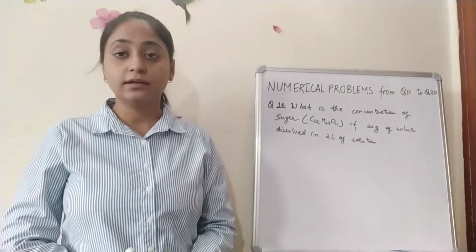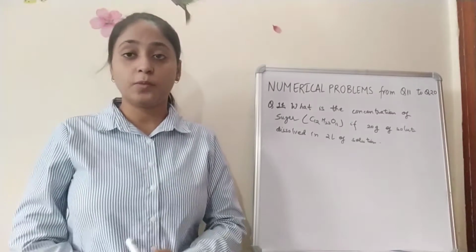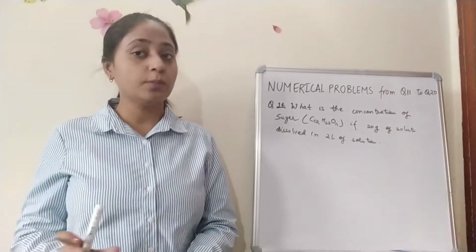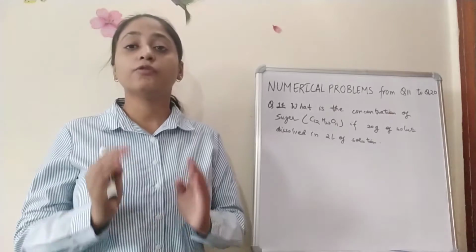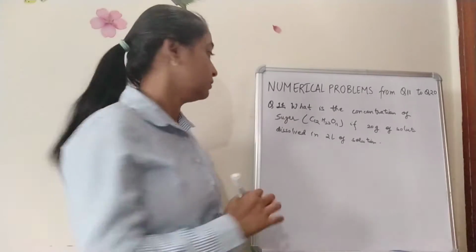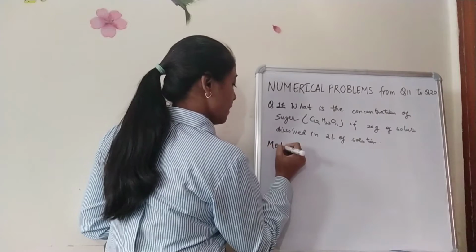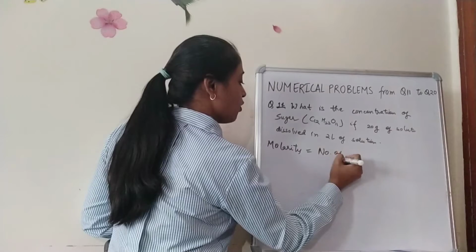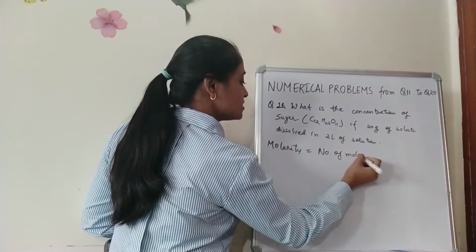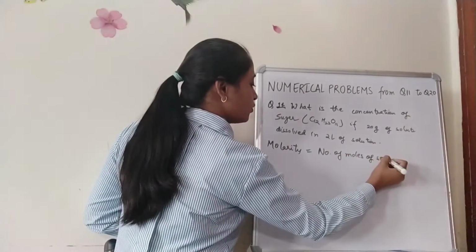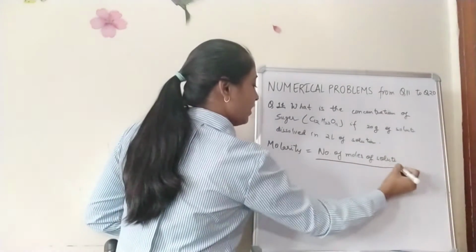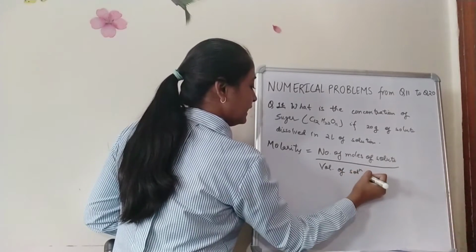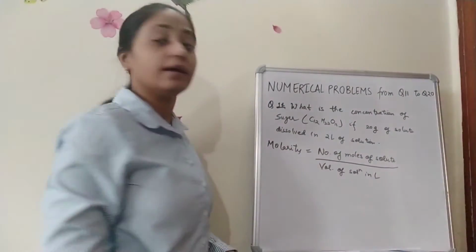So we will calculate here molarity, right? What is the formula of molarity? Molarity is equal to the number of moles of solute divided by volume of solution in liter, right?